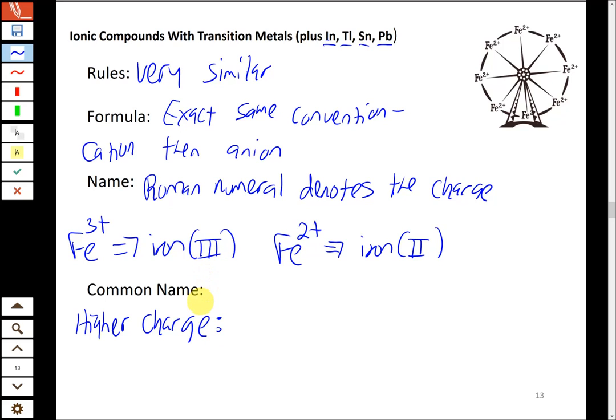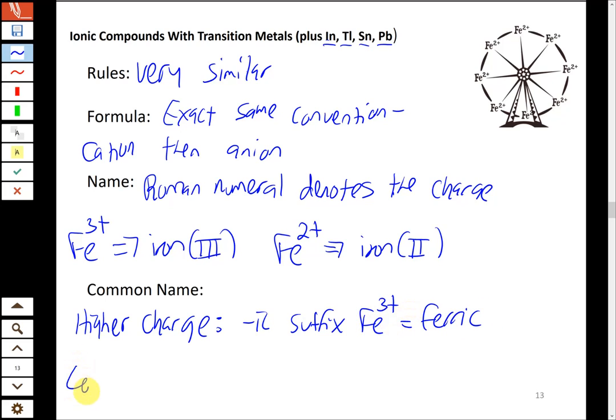So the one that has the higher charge would have an -ic suffix in the common name. So if you have an Fe3+, that would be written as sometimes ferric, where ferrum is the Latin root of the name that gives us the symbol Fe, -ic for the higher charge.